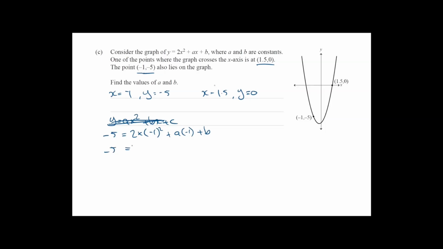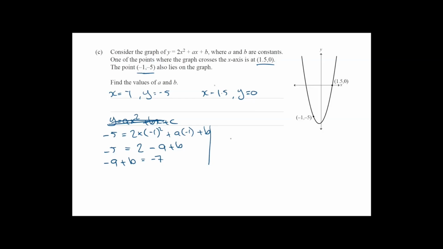So -5 is going to equal 2 times (-1) squared. (-1) squared is 1. So it's going to be 2 minus a plus b. So let's bring this 2 over and swap them around actually. So -a plus b is going to be equal to -7.